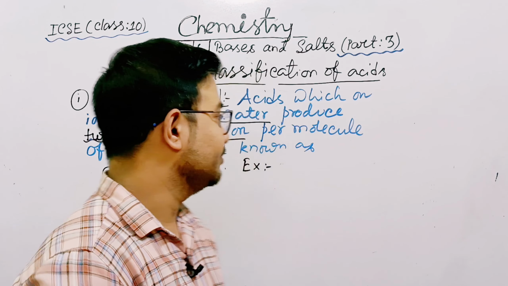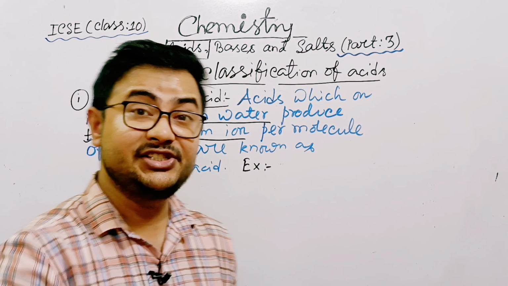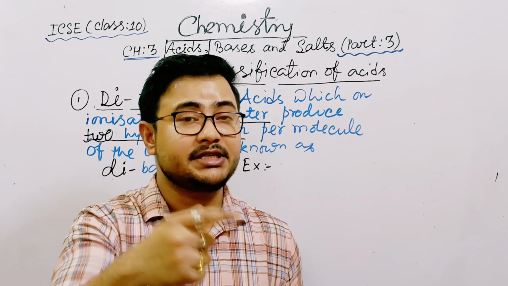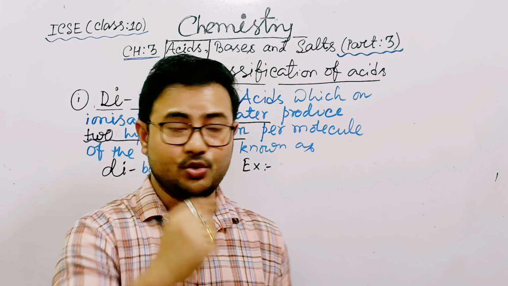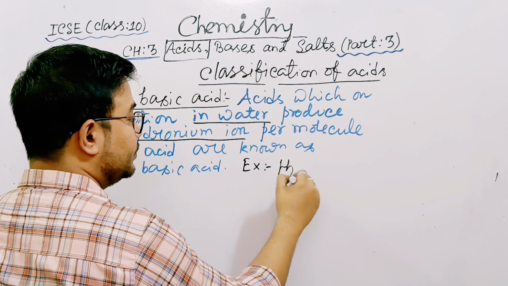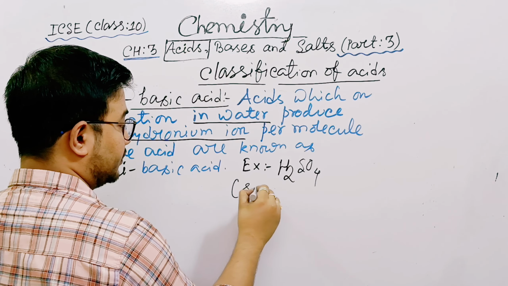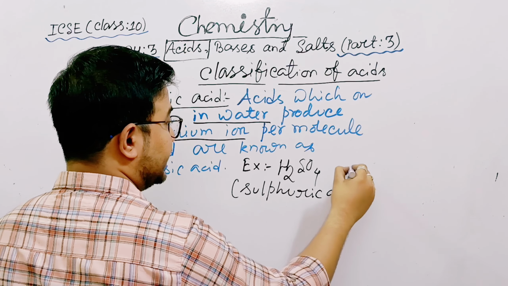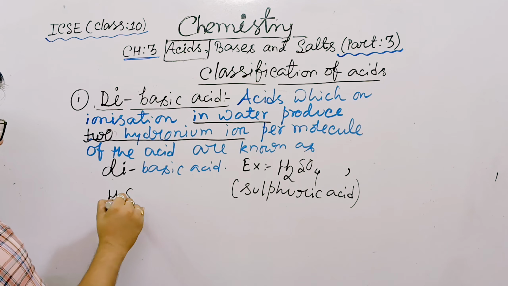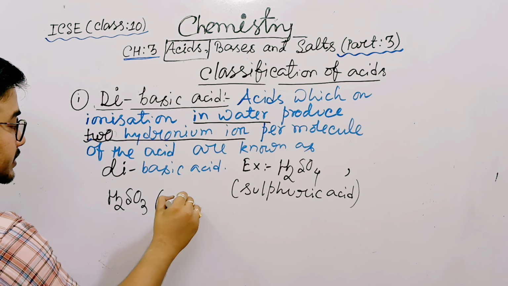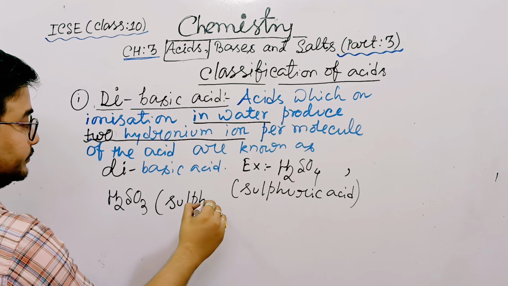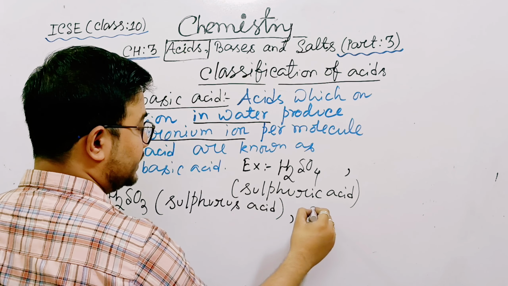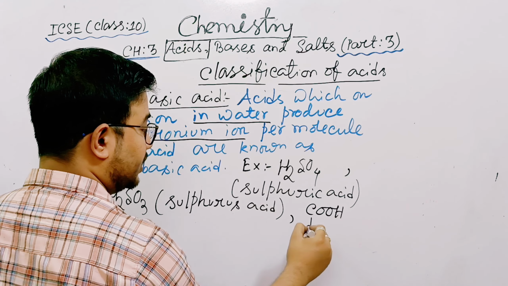Okay, now the examples. Generally monobasic acid contains 1 hydrogen. So generally dibasic acid contains how many hydrogens? 2 hydrogens. Example is sulfuric acid, H2SO4. Second example is H2SO3. Its name is sulfurous acid. Third example is oxalic acid, which I already told.